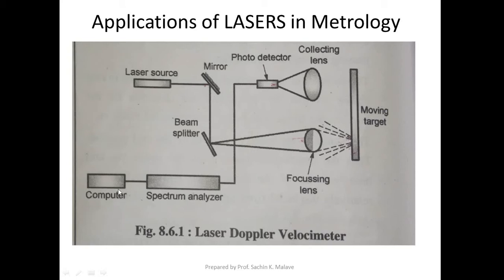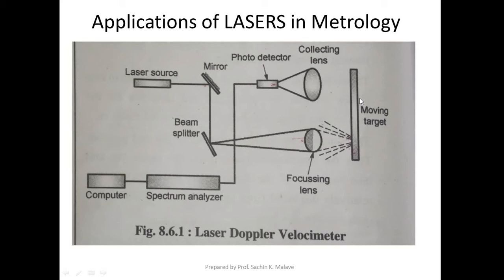This laser Doppler velocimeter uses the laser Doppler principle, according to which any light beam coming in contact with a moving object will experience a shift in its frequency. So if this moving object comes in contact with a laser beam, the frequency of this light is going to change.